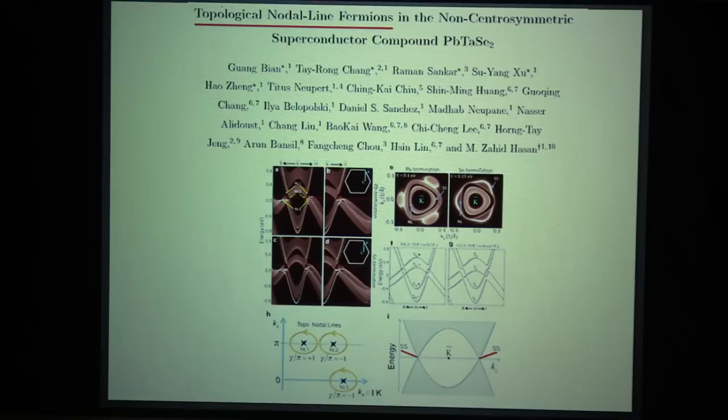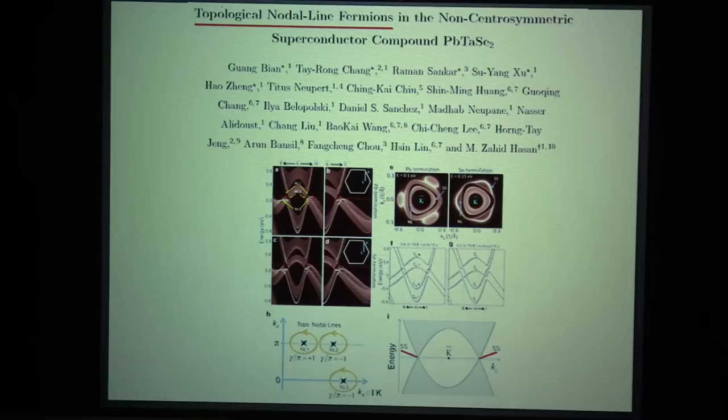But then what is next topologically? Even though it's realized in the next set of things, we might now ask: is it possible to realize a topological nodal semimetal, where you have a Dirac ring and it's stable in the presence of spin orbit coupling? This is sort of the next frontier, and we have predicted this compound and also experimentally presented this character in the presence of spin orbit.